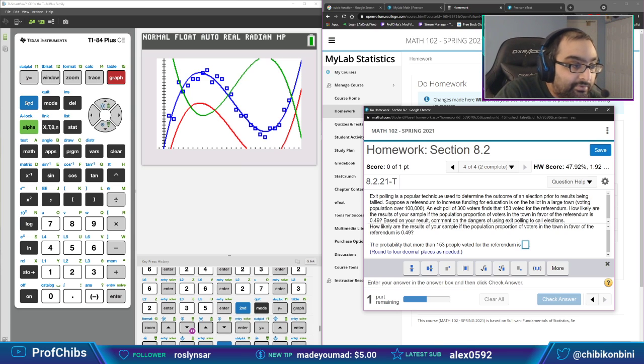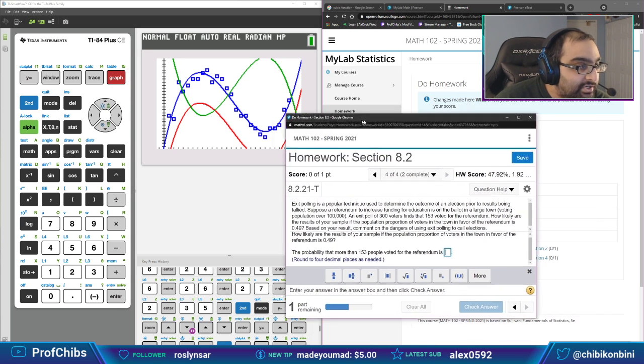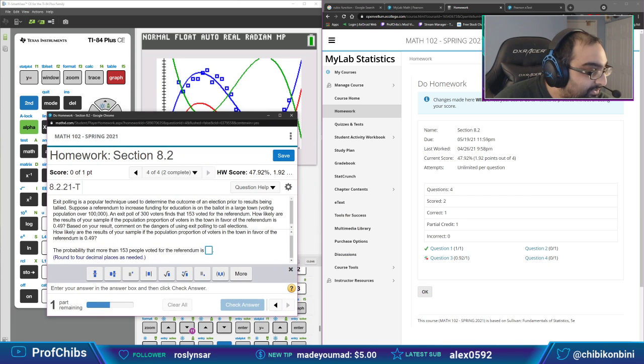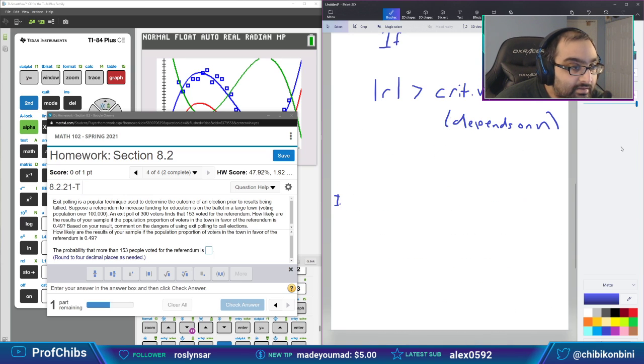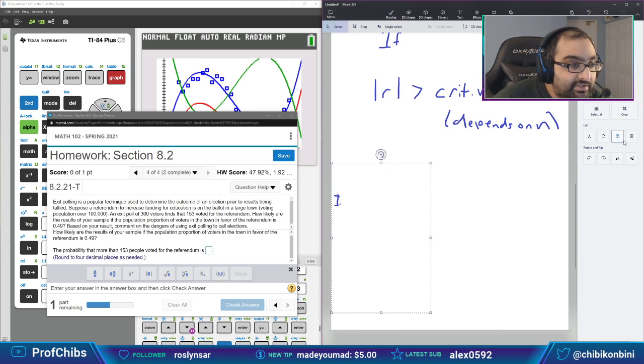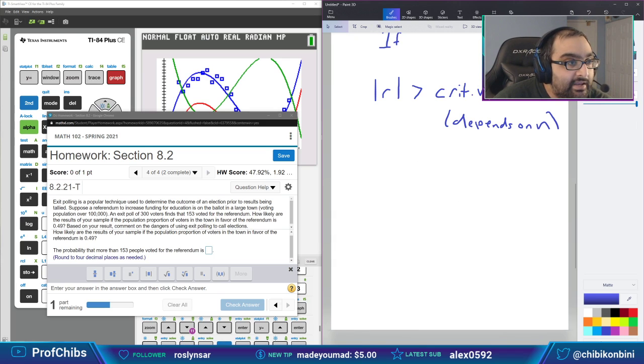There's a couple things that we'll need to go ahead and talk about here, first and foremost. The first thing that we actually need to do for this problem specifically is that we're dealing with a sample size of n here.